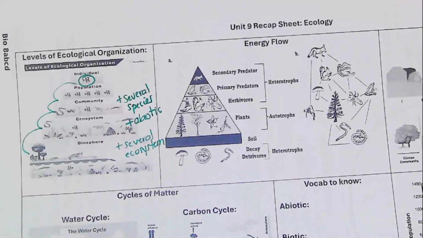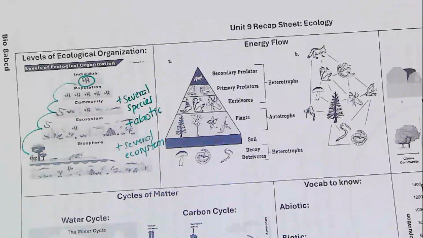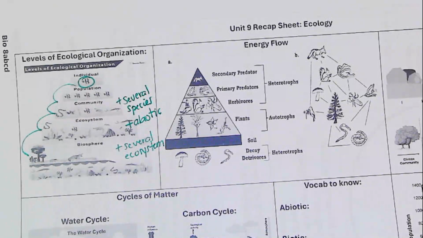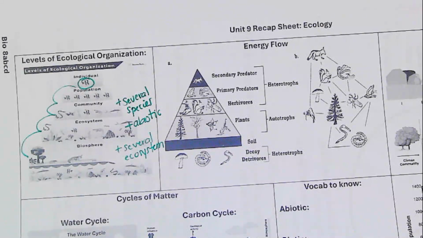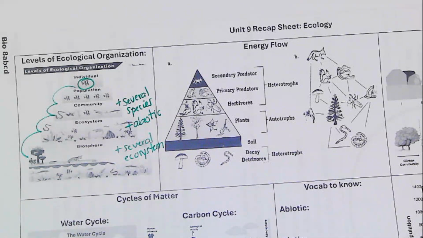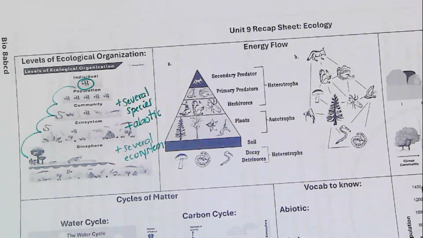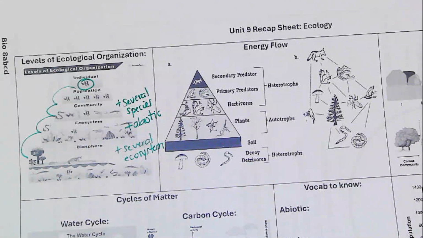Your next part of your book went into energy flow and how energy moves in food webs and food chains. Remember, food webs are just food chains intermingled all together. You do need to know your terms for energy flow, what a heterotroph is, what an autotroph is, consumers, producers, apex predator, all stuff like that.